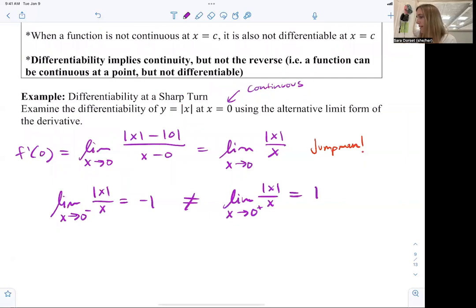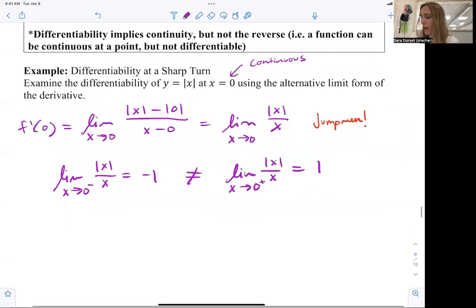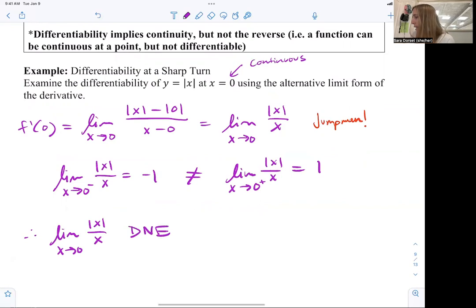That's equal to +1. So therefore, the limit as x approaches 0 of Jumpman is DNE.